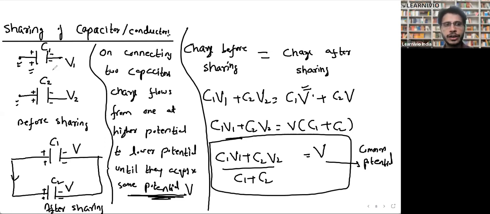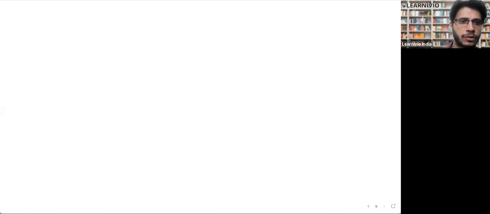The electrical energy is half C1V1 squared plus half C2V2 squared. A part of this energy gets converted into heat energy, and you're supposed to calculate that heat energy.